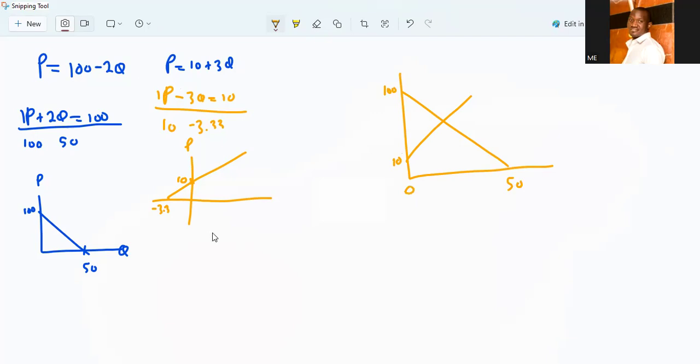So we said at equilibrium, what happens? Demand is equal to supply. Any questions this far? Are there any questions so far? Please ask before I proceed.